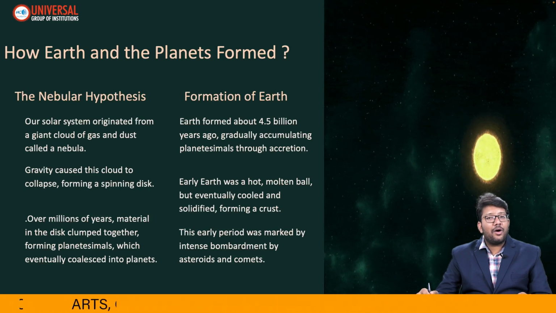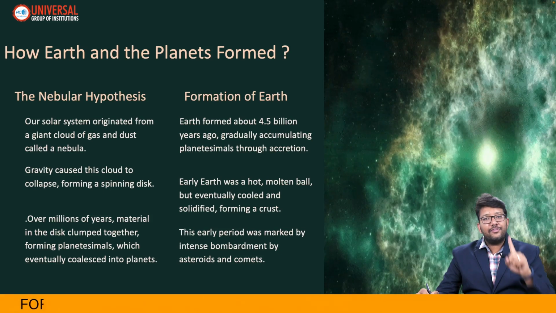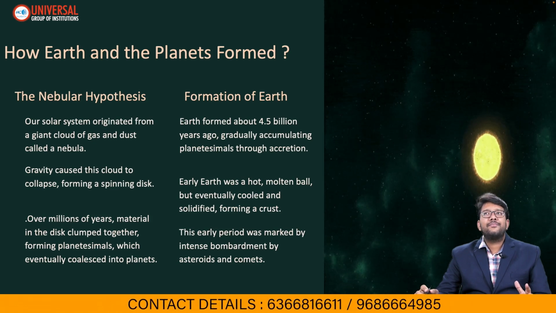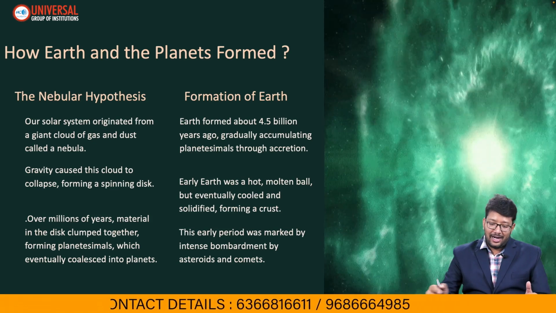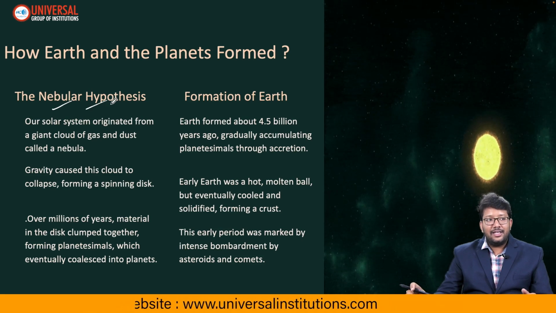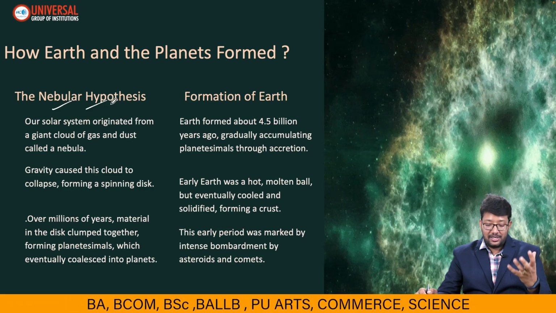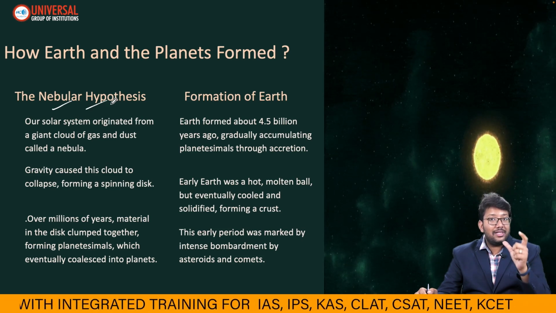First of all, we will talk about how Earth and the planets formed. The first and most acceptable theory is the nebular hypothesis. As you can see in the diagram, our solar system originated from a giant cloud of gas and dust called the nebula.